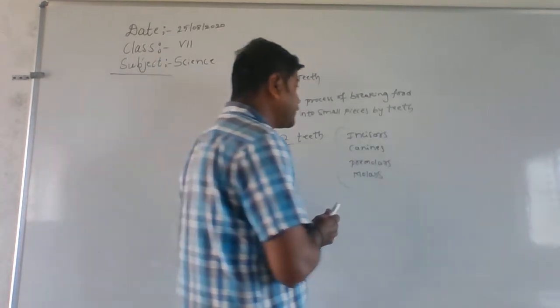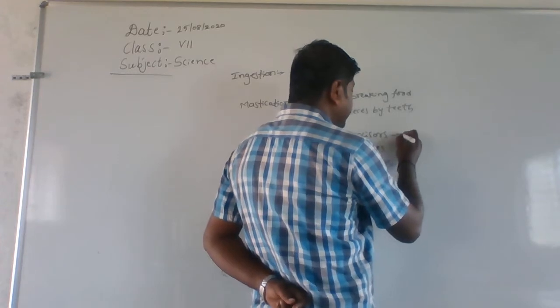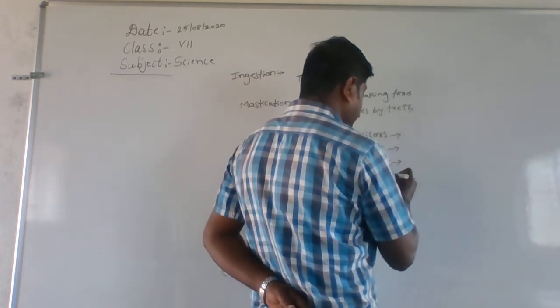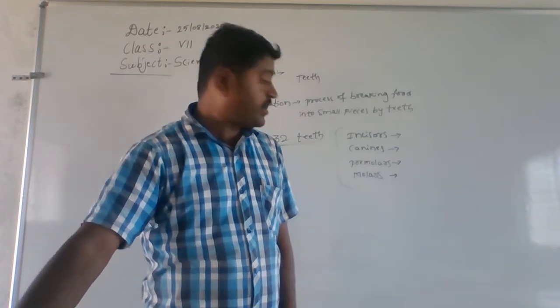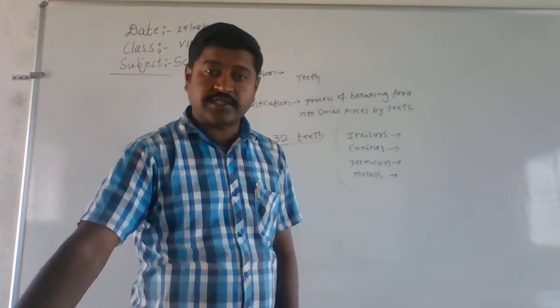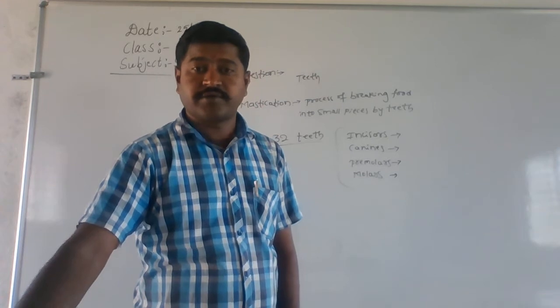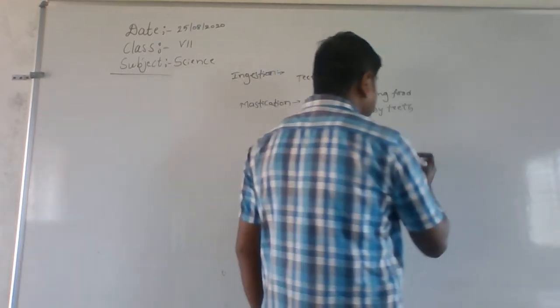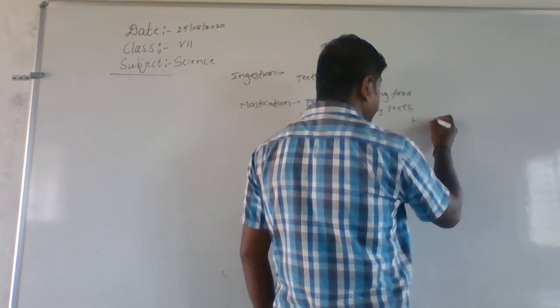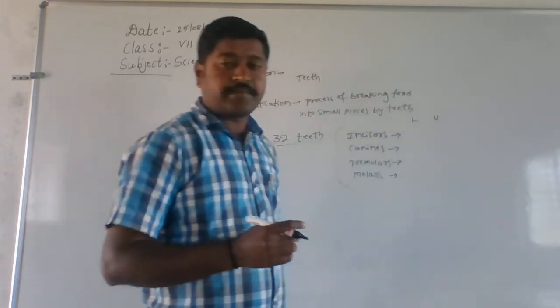So first, how many incisors are there? How many canines? How many premolars? And how many molars are there in our mouth? That we'll study. First, we have the lower jaw and upper jaw.